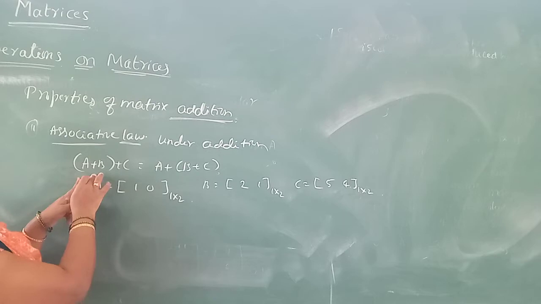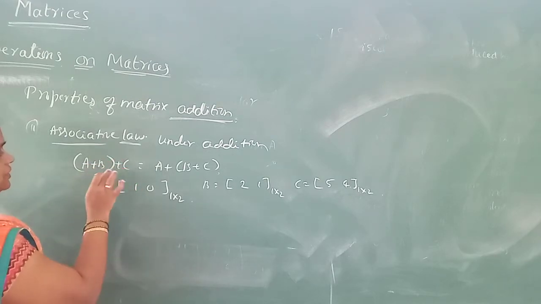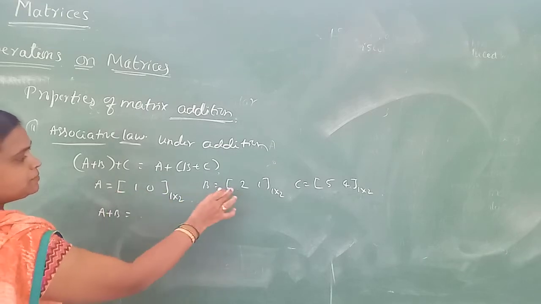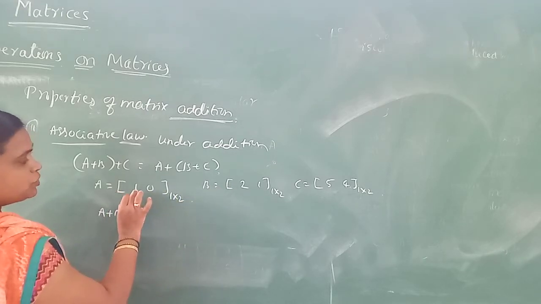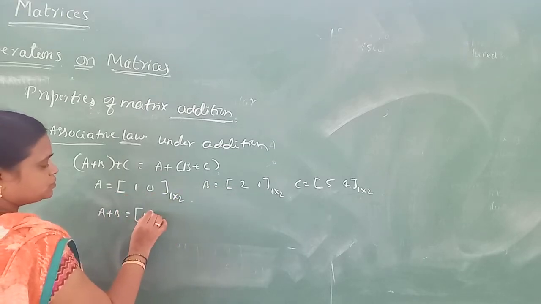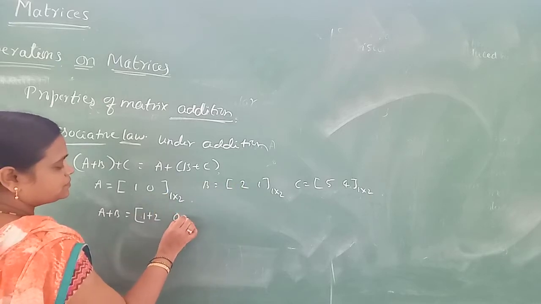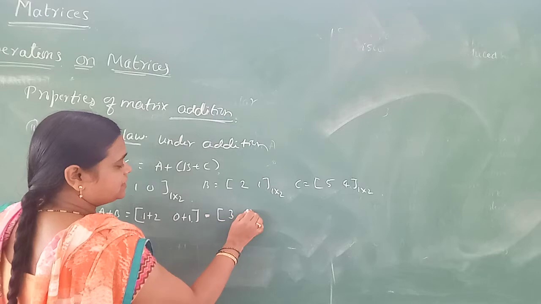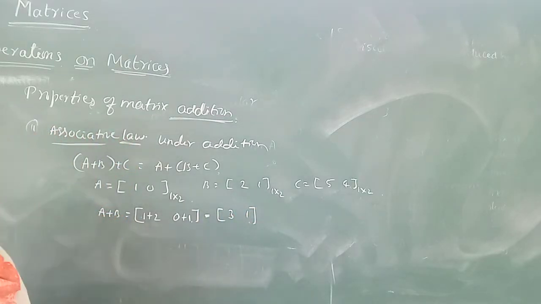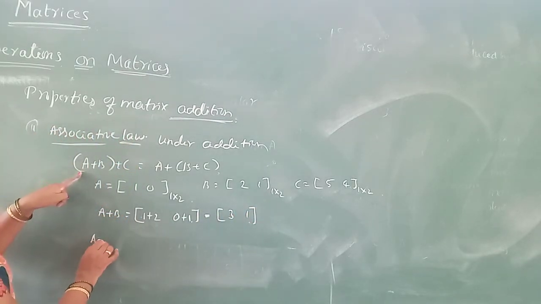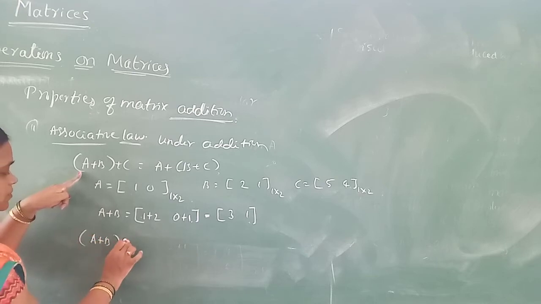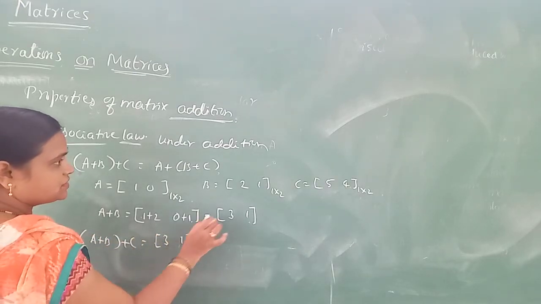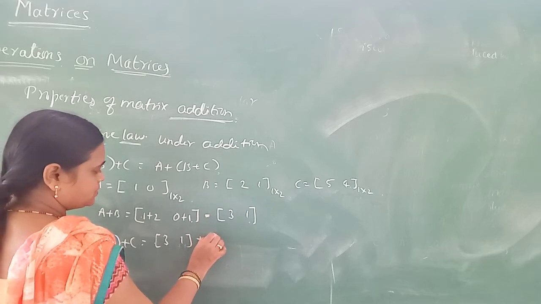First, (A plus B) plus C. Means we do first A plus B, adding the corresponding elements: 1 plus 2, 0 plus 1. We get [3, 1]. But here it is mentioned (A plus B) plus C, so it is [3, 1] plus C, which is [5, 4].